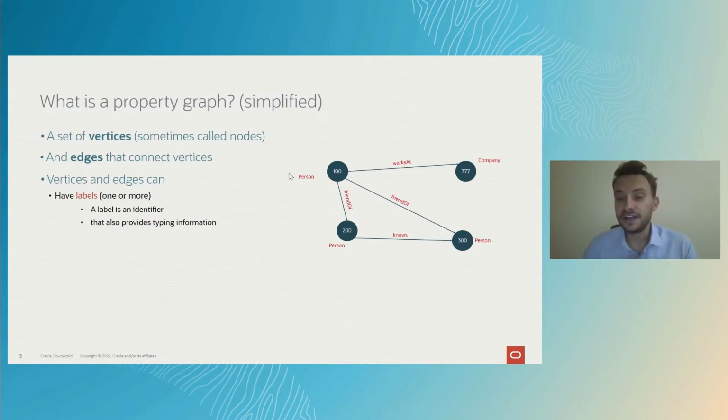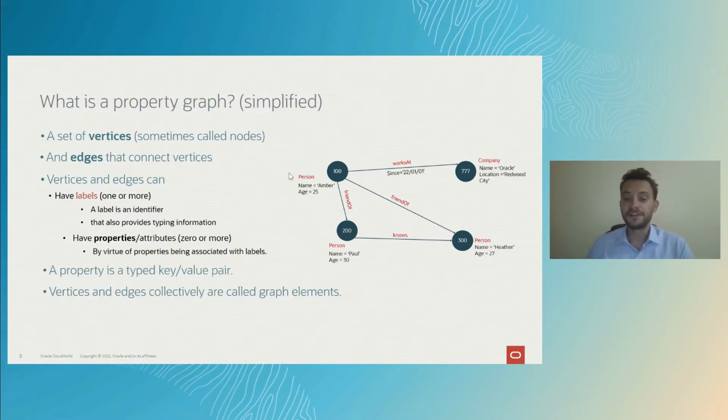For example, here you can see that we have two types of vertices, persons and companies, and then three types of edges. A person can work at a company, can be a friend of another person, or can just know another person. On top of labels, property graphs have properties, which are simply key value pairs, which can be associated to every vertex and every edge.